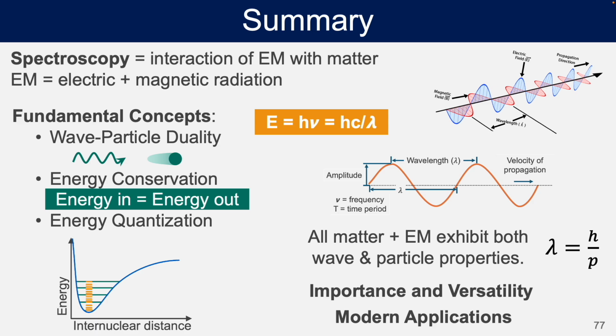We defined spectroscopy as the interaction of electromagnetic radiation with matter, and we saw how different parts of the spectrum probe different motions: rotations, vibrations, and electronic transitions. Finally, we explored why spectroscopy is not just theory, it's everywhere, in food safety, medicine, virus detection, and forensics. So when you think of spectroscopy, think of it as the science of making the invisible visible.